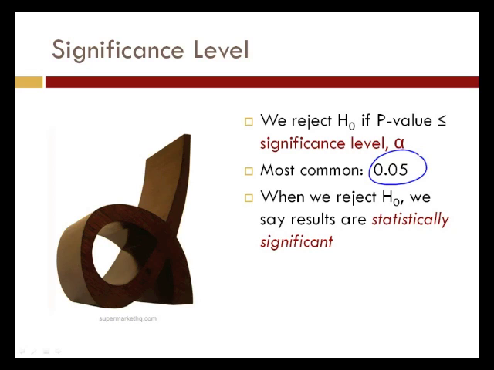And when we reject, we say that we do have statistically significant results. So we would say we can conclude that astrologers' predictions are statistically significantly better than guessing. We may throw out the "statistically" because that makes it hard to flow. But when we say significantly, we mean statistically significant.